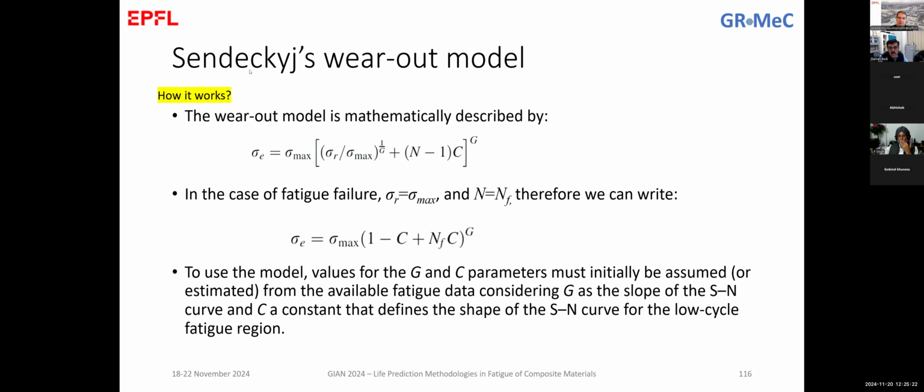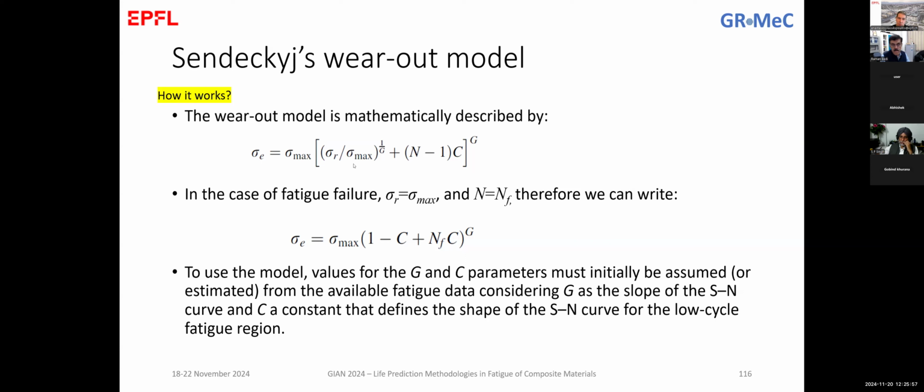So in this case, the model works in a simple manner, but it needs an optimization procedure. The first part is to transfer all the data to an equivalent static strength, sigma E. We have data that either failed, or are static strength data, or residual strength data like sigma R, and they are all transferred to this equivalent static strength.